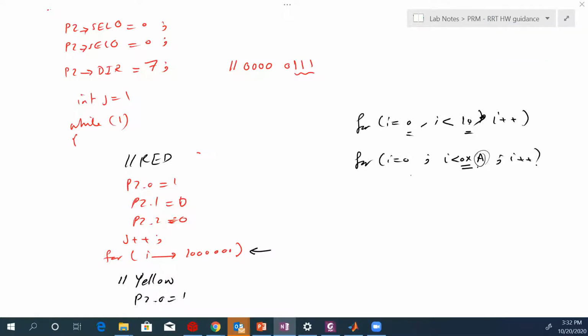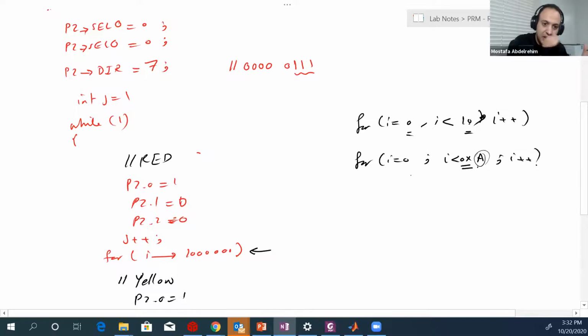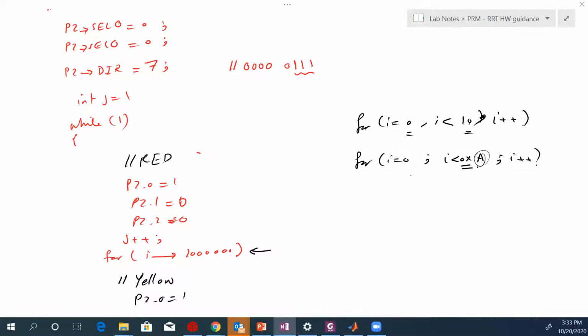So it doesn't matter. If it doesn't work, then that's not your problem. It's a compiler problem. It shouldn't be a big issue if it doesn't work.